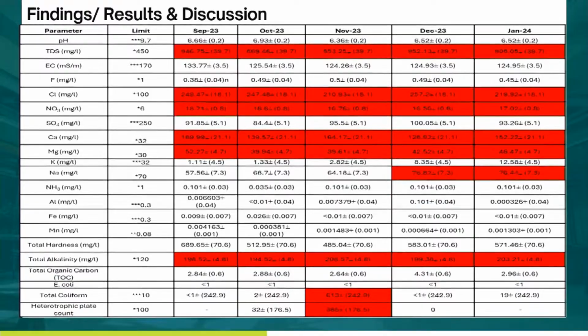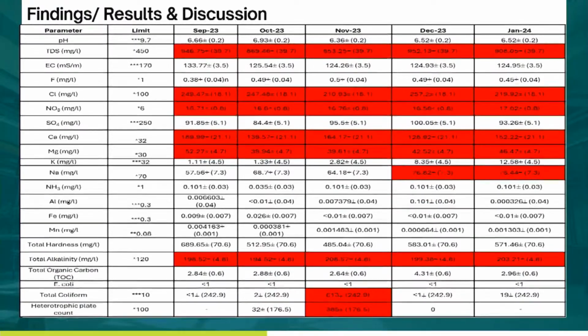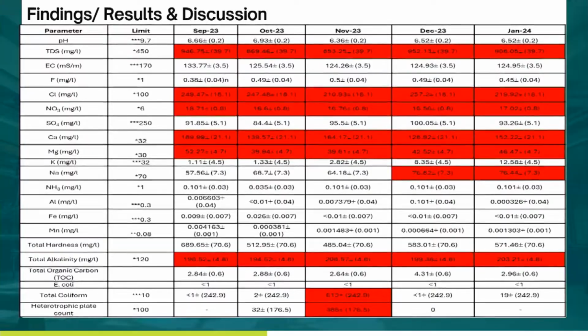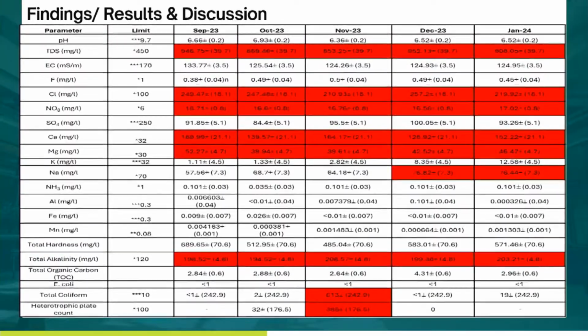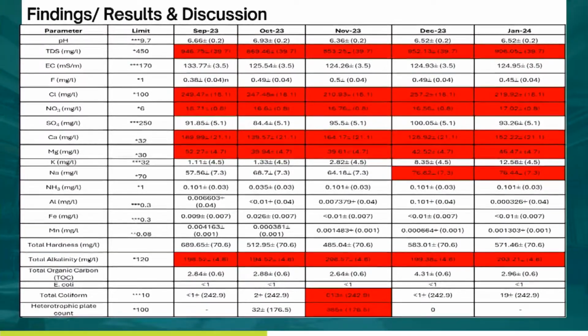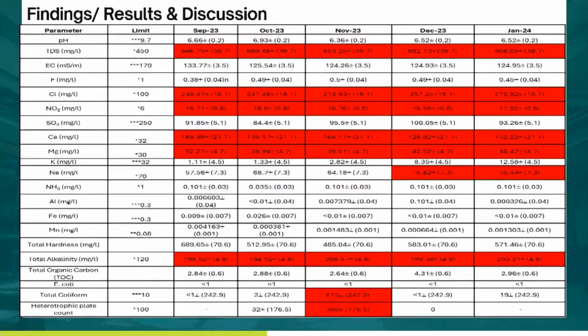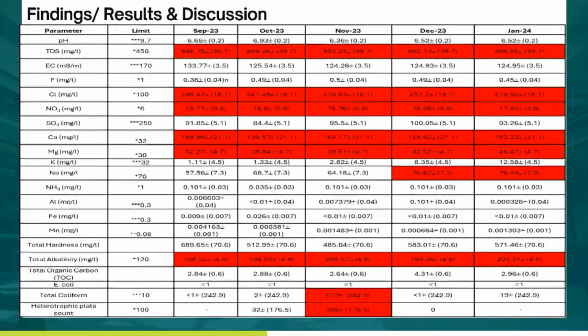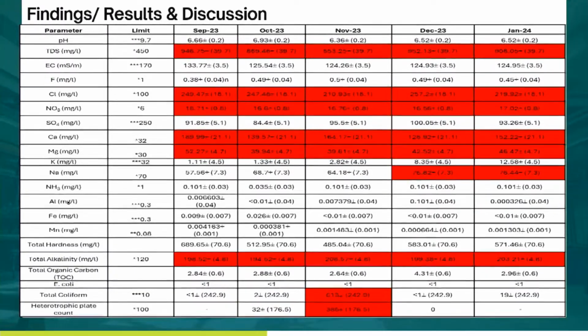With regard to our findings, if you can see those dots I highlighted in red, we realized from our results that physiochemical parameters such as pH and TDS were above the guideline limit for domestic drinking and also irrigation use, as well as nutrients.